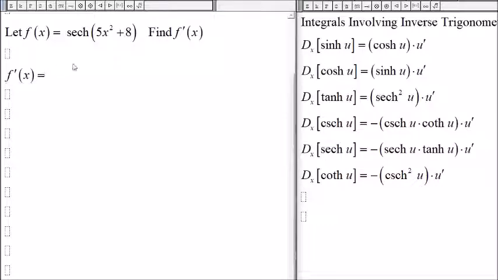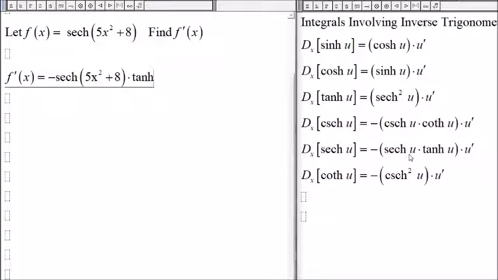So here we get negative hyperbolic secant of 5x squared plus 8, times hyperbolic tangent of 5x squared plus 8.